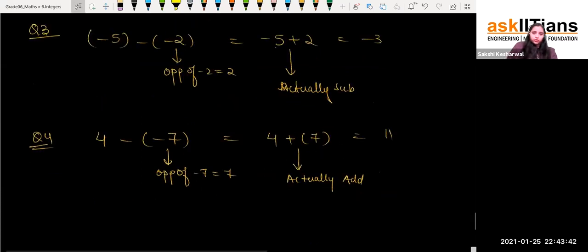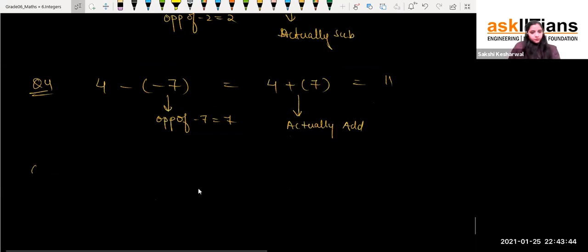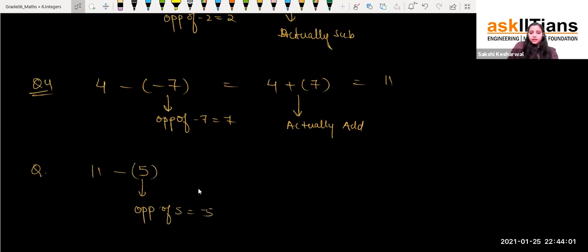Now one more question: 11 minus 5. This is easy, you can do it in your head also. The opposite of 5 is negative 5. So can I write this as 11 plus negative 5? Yes.